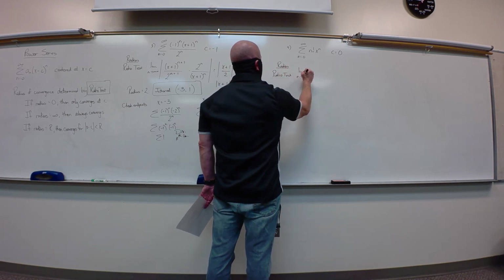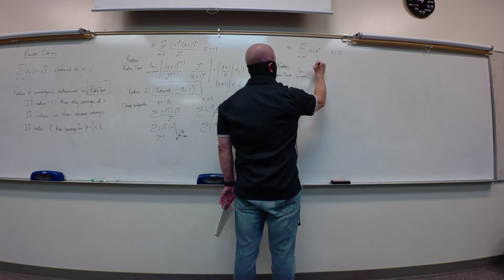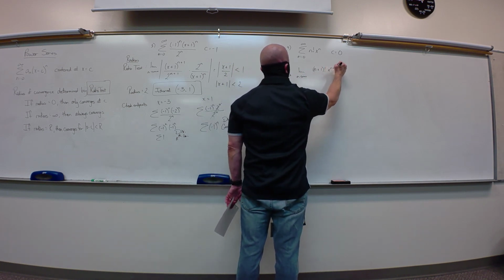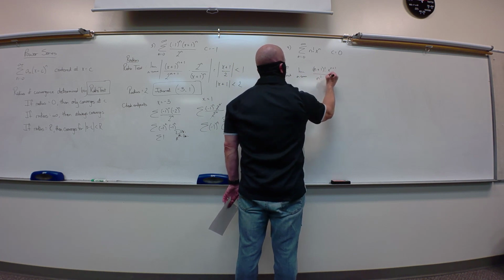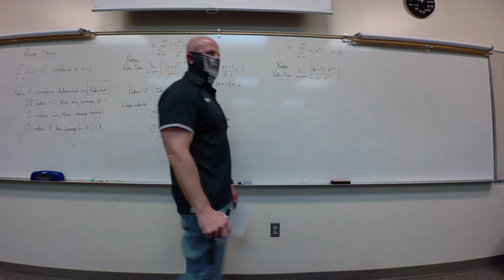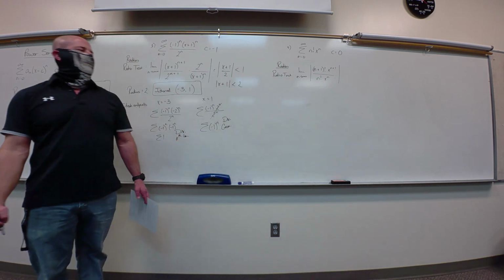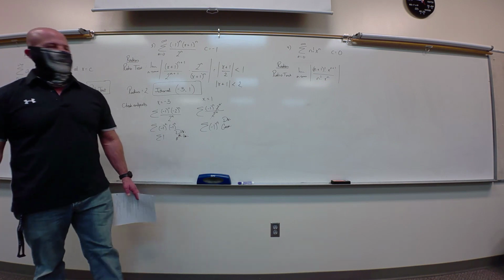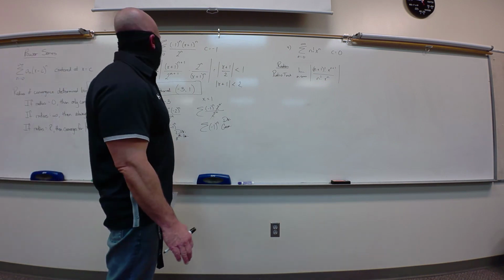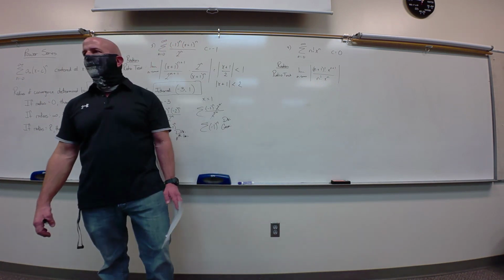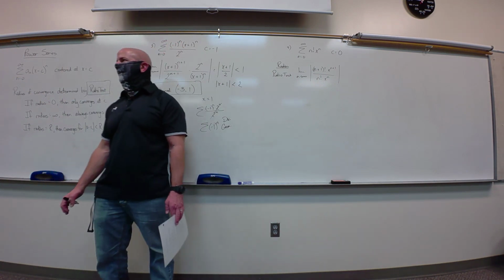Limit as n goes to infinity of (n plus 1) factorial x to the n plus 1 over n factorial x to the n. This is one of the reasons I told you before that ratio test is usually one of my favorites, because I use it a lot. I don't think it's the quickest, but I use it an awful lot. Kind of get used to it.